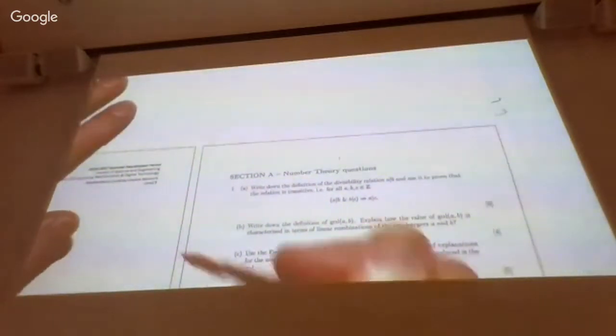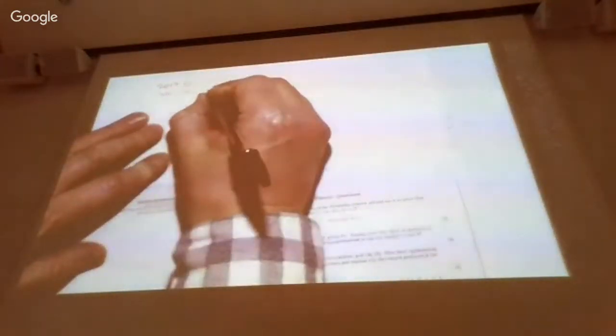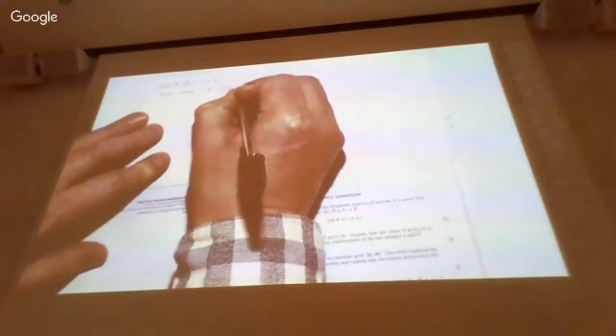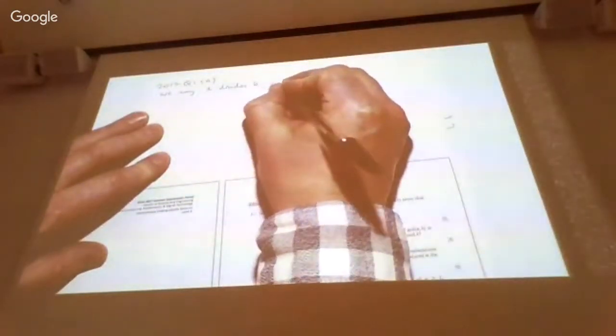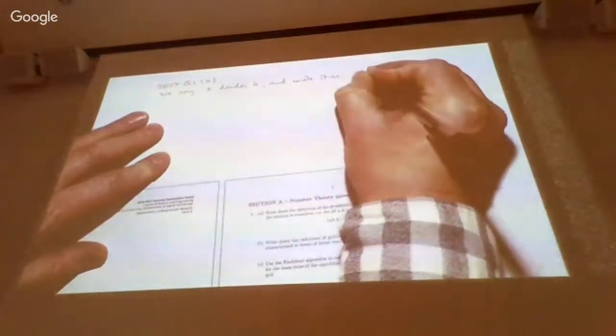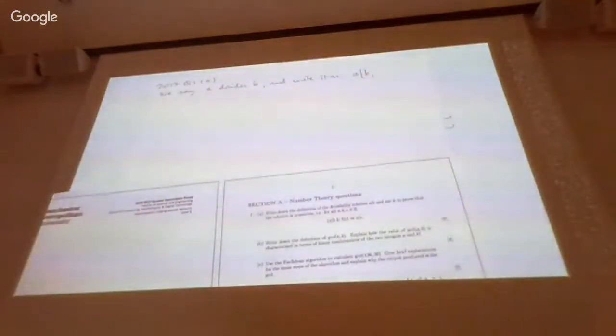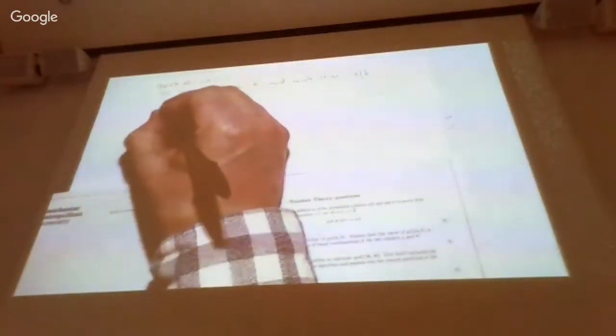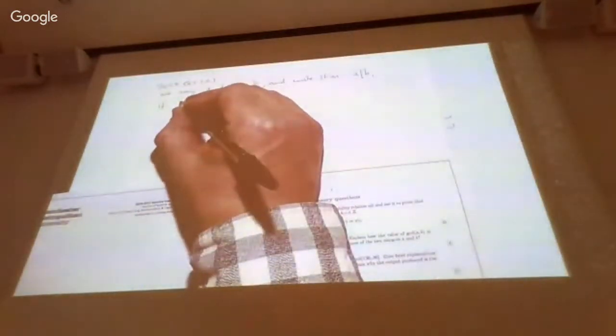So first we want the definition of the divisibility relation. So we just want a clear version of that. So you could say, we say A divides B, and write it as A divides B. So how do we say that?